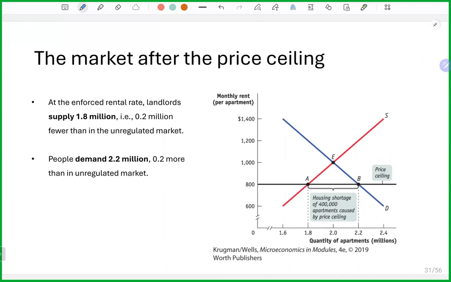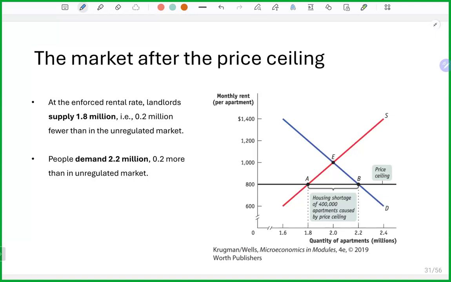So what happens in the market? Excess demand. When the rent is $800, the quantity demanded is 2.2 million, can you see? And the quantity supplied in the market is 1.8 million.